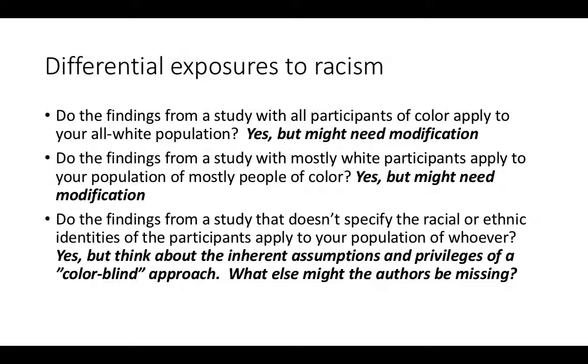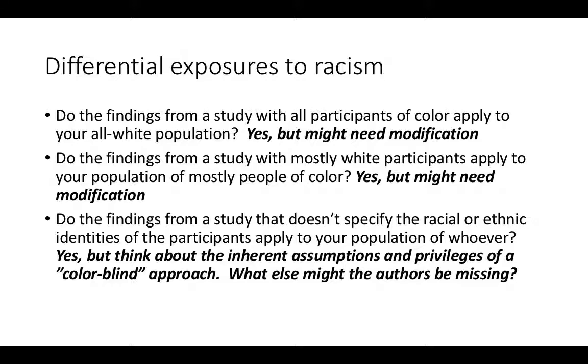So adding in a piece about addressing racism on the part of lenders might be wise. But again, we don't need to throw out the findings wholesale because the racial categories of the sample were different from the racial categories of the population we're working with.